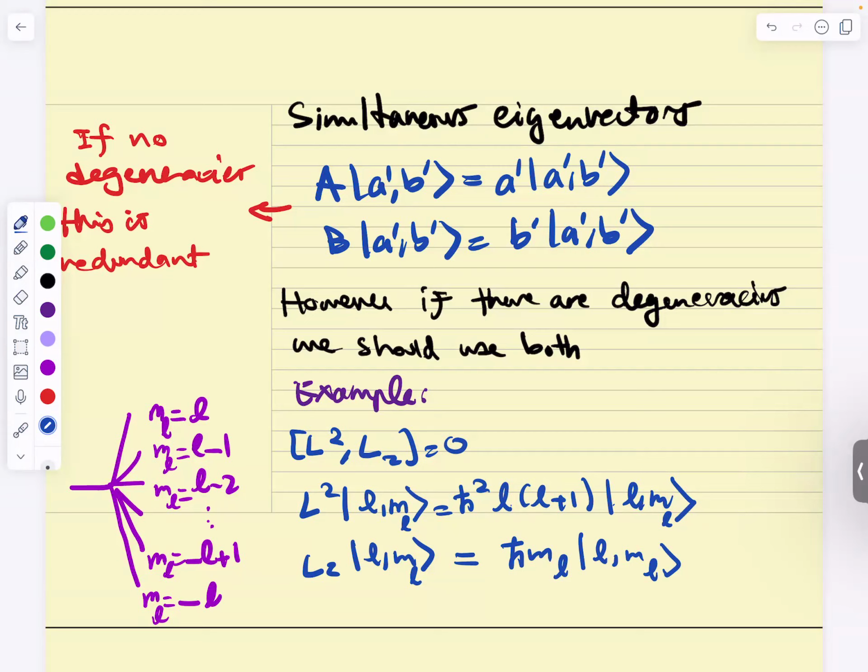There are more than two outcomes. As a matter of fact, if it has spin S or angular momentum L, what is the number of outcomes from your quantum mechanics? L times L plus 1? No, that is not right. It's 2L plus 1 outcomes.